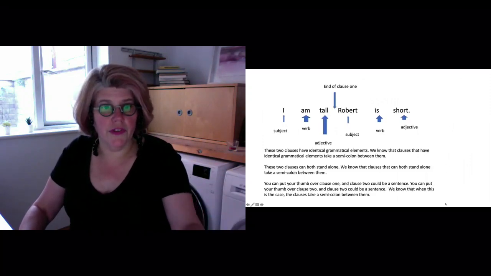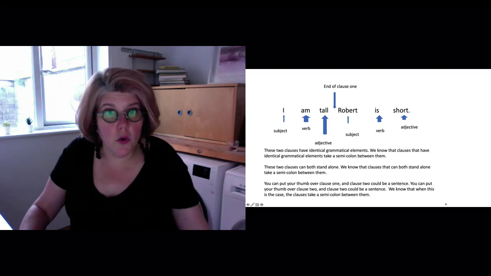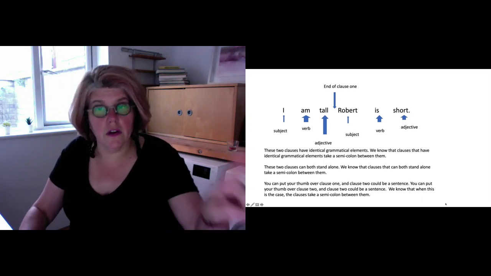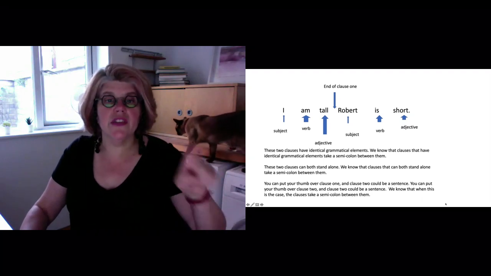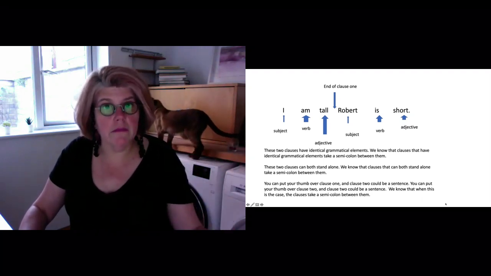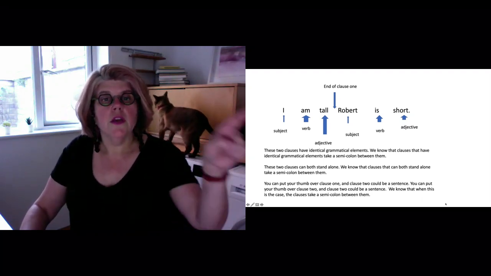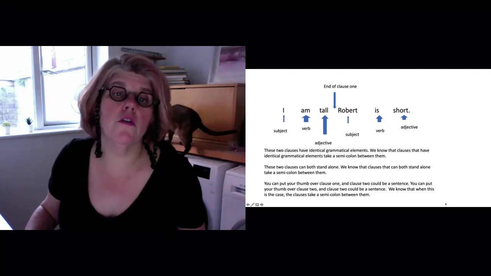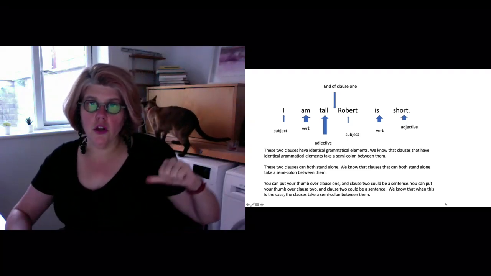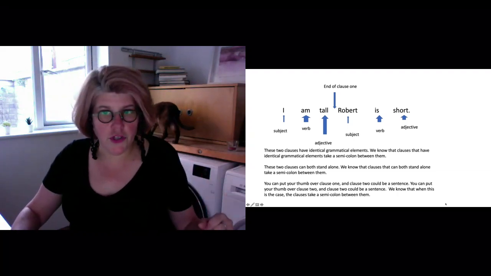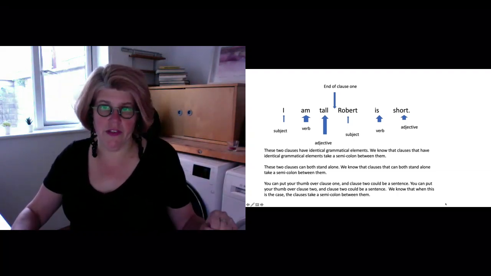These two clauses can both stand alone. We know that clauses that can both stand alone take a semicolon between them. You can put your thumb over clause 1, I am tall, and clause 2, Robert is short, could be a sentence.